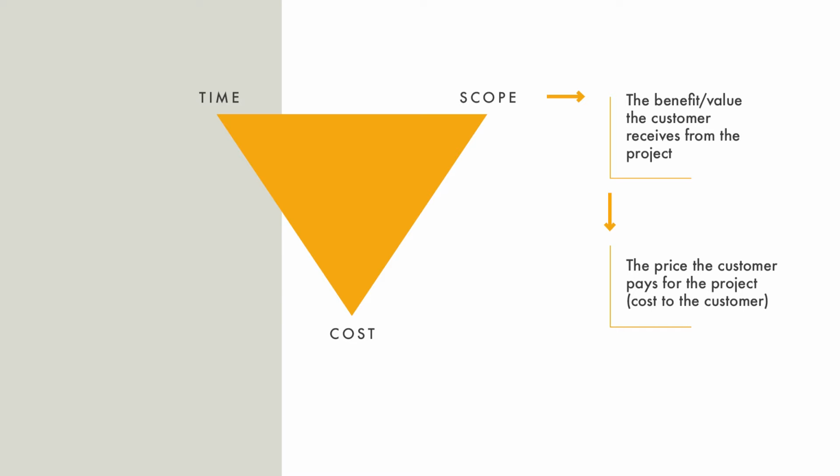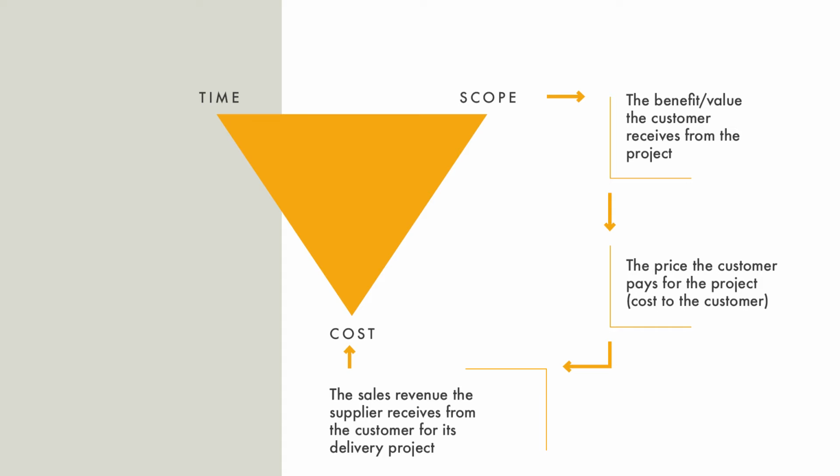And therefore, the customer is willing to pay for that end product. So the customer pays a price actually for getting this end product or scope delivered to him. And this customer's price, of course, is the actual revenue for the project supplier.